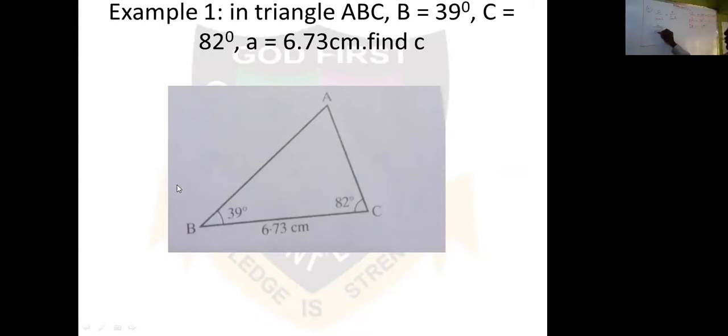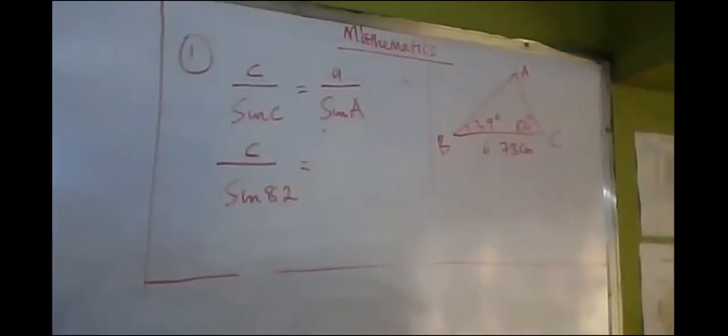Sorry, I need to draw this diagram so that you understand. Sorry for even cleaning the diagram. So let me draw the diagram again and use it to explain. So this is B, this is A, this is C, 82 degrees, 39 degrees, 6.73 centimeter. Going back to the board. So this is what I'm doing.